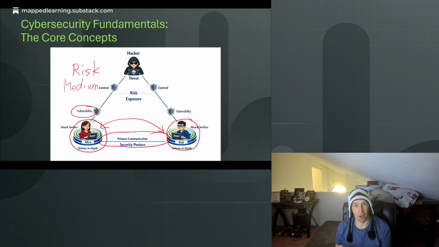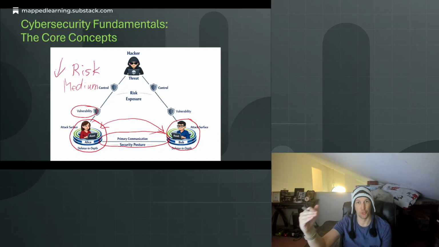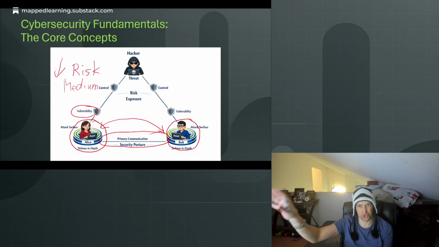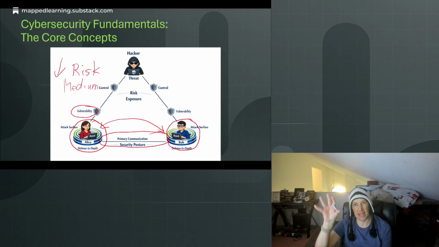Now, the purpose of increasing security is to lower the risk. If you increase the protection, the risk becomes lower. The hacker's skills don't change, the threat still exists, but there are fewer ways that they can infiltrate the assets.